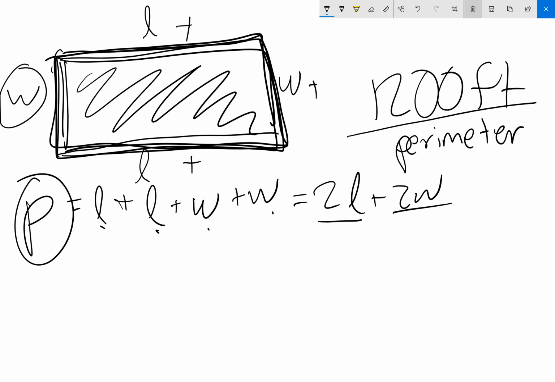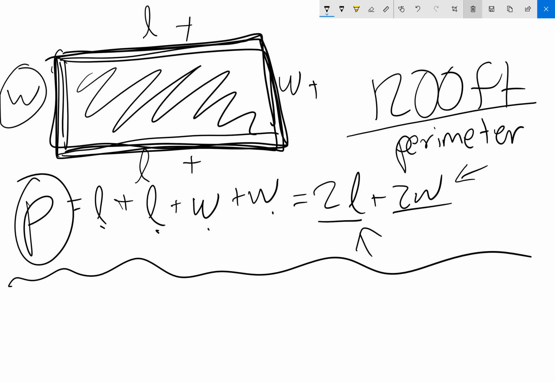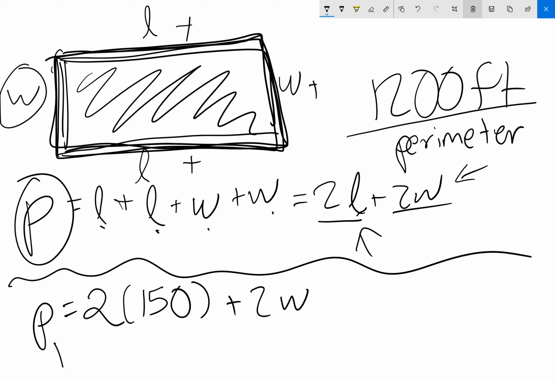So we want to know what the width of the field is when the length is 150. Now that we know this, we can just plug it in. Our length is 150, so we plug that in, and we're solving for width. We know our perimeter is 1,200 feet because that's all he has to work with.